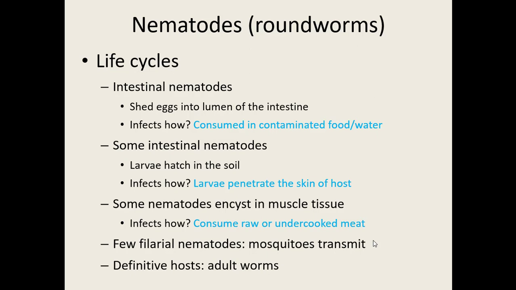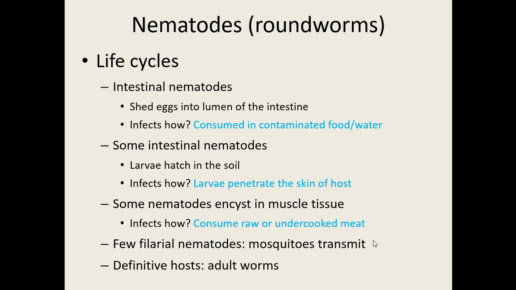Some intestinal nematodes, the larvae hatch in the soil, and we pick them up because the larva is going to penetrate and burrow through the skin of the host. Some nematodes encyst in muscle tissue, and we pick them up because we consume raw or undercooked meat. And there are some filarial nematodes that mosquitoes transmit. But eventually, its goal is to get to the definitive host where it becomes the adult worm, which is the stage that can make eggs to keep reinfecting.